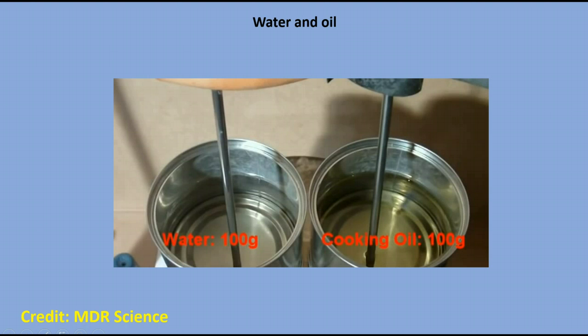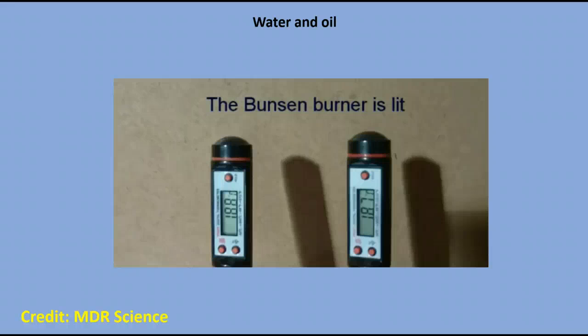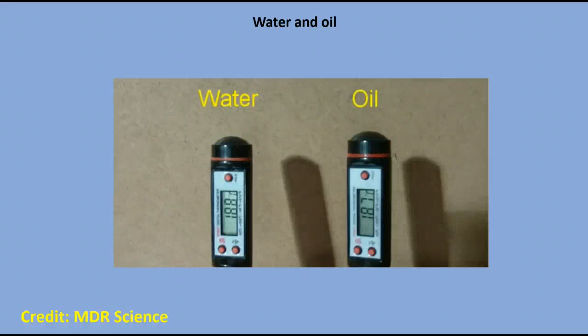We can see that this is in fact true because if we look at this experiment that was done by MDR Science, here we have 100 grams of water and 100 grams of oil, both being heated over the same heating element and both starting at the same initial temperature. The water's on the left, the oil's on the right, and as the video speeds up we will see that the temperature of the oil increases much more rapidly than the temperature of the water.